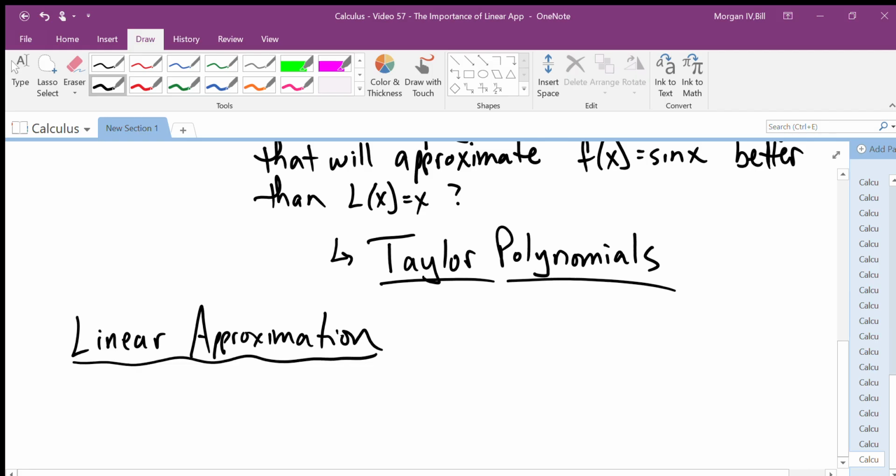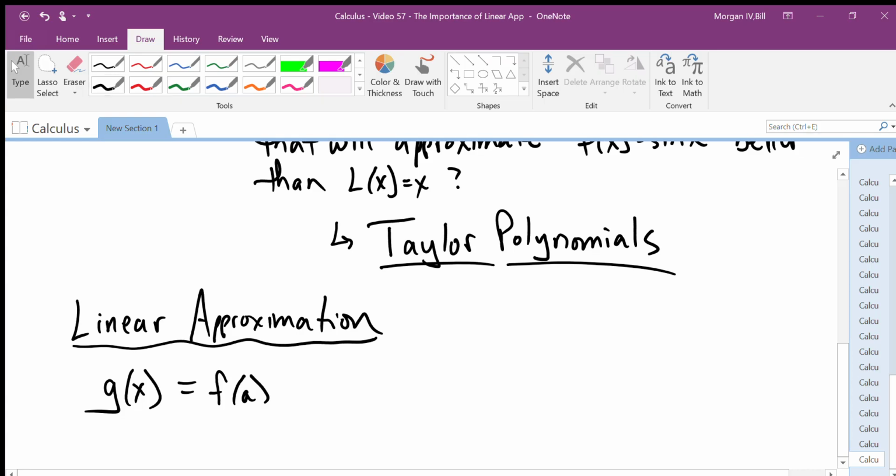Earlier I wrote this as L of x, but for consistency's sake in this next argument, I'm just going to call it g of x, that way I'm not talking about the same function as f. G of x, our linear approximation, is equal to f of a, the function value at a, plus f prime of a, the slope at that point a, times x minus a. The linear approximation, that's what we've been working with.